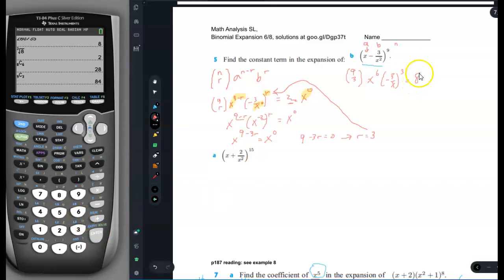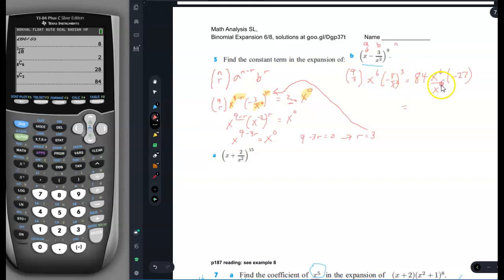So this will be 84 X to the 6th times negative 3 to the 3rd, which would be negative 27. And the X cubed in the bottom, we'll just put it here. Sorry, this is X squared here. So X squared to the 3rd is X to the 6.